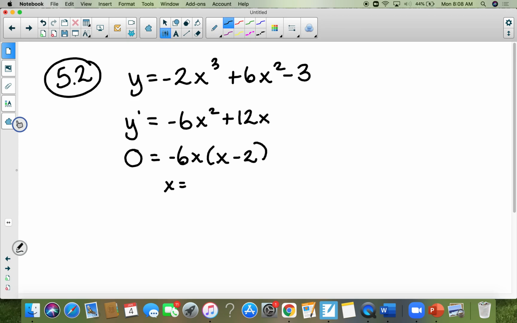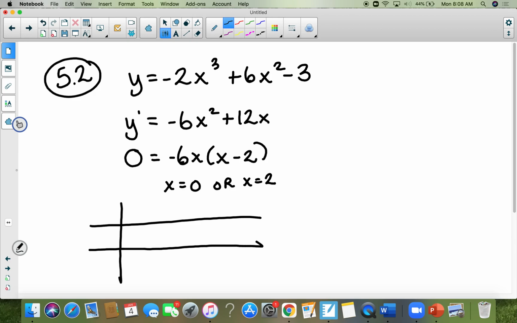So x could either equal 0 or x could equal 2. By setting the first derivative equal to 0, you can make a sign chart: negative infinity to 0, 0 to 2, 2 to infinity.